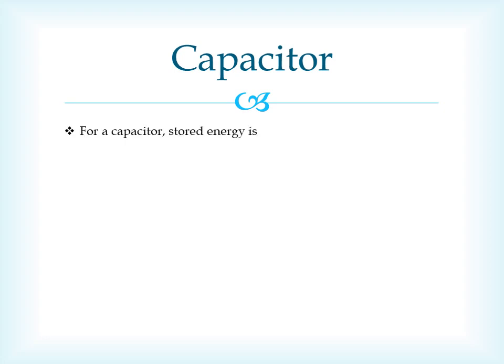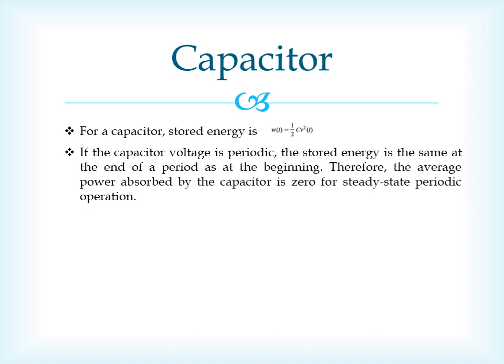So we can say that the energy stored in a capacitor is half CV squared, and if the capacitor voltage is periodic, the stored energy is the same at the end of the period as at the beginning. So average power absorbed by the capacitor in steady state is 0, right?